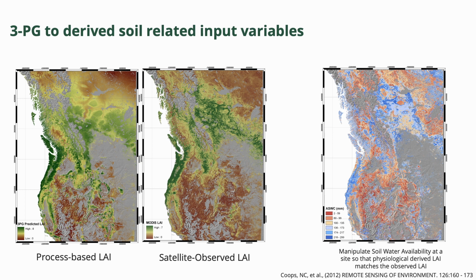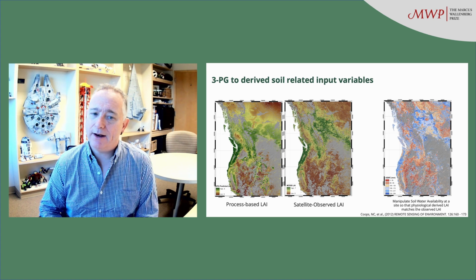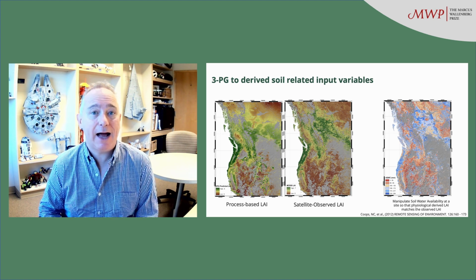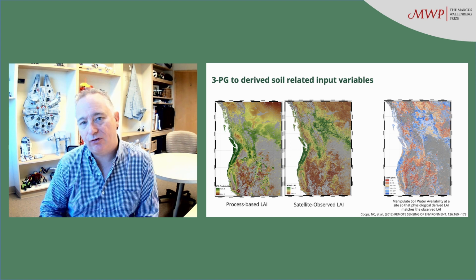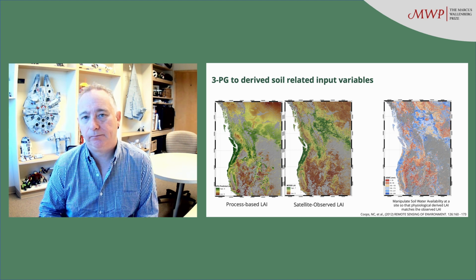Now, as we know, there are a number of different input variables that go into 3PG. Climate, terrain, slope, and radiation are easy variables for us to go and obtain. Information on soil fertility and available soil water holding capacity are more challenging because our soil maps, even today, are not that spatially accurate.